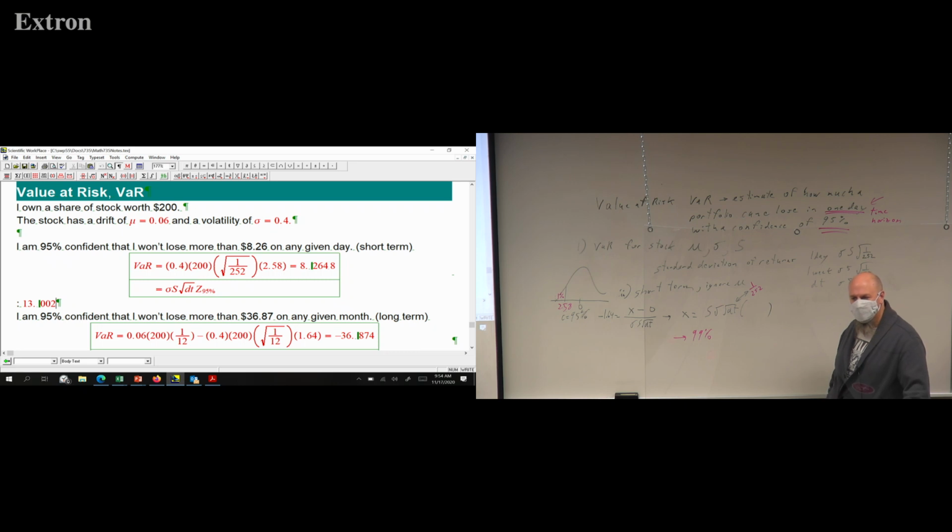Is this like the more confident you are, the less precise you can be about how much money? It seems like the more confident, the bigger the number gets to be, though, right? That's what I've got to reconcile in my head. Like an uncertainty principle. Okay, I can do it this way. I'm 100% sure you won't lose more than $200, right?